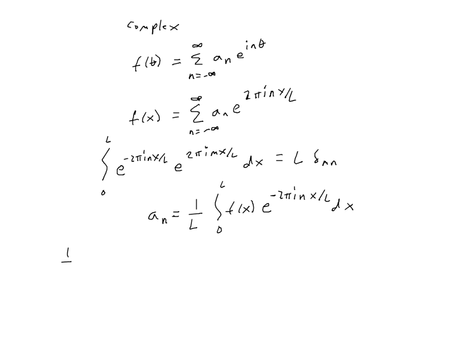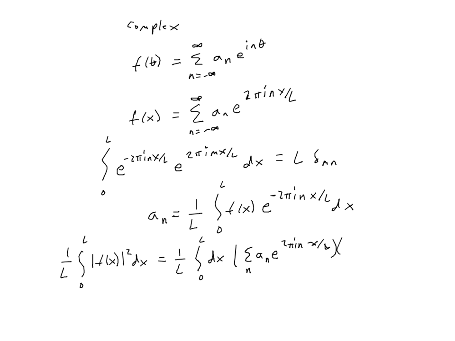And so also I should note that if you take 1 over L times the integral from 0 to L of f of x squared dx, this is equal to 1 over L integral from 0 to L of dx times the sum over n of a n e to the 2 pi I n x over L. Because that's just f of x.